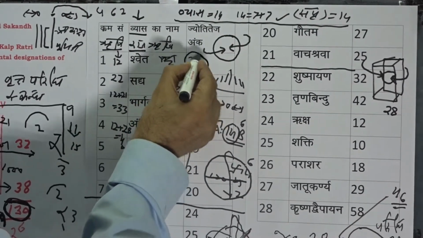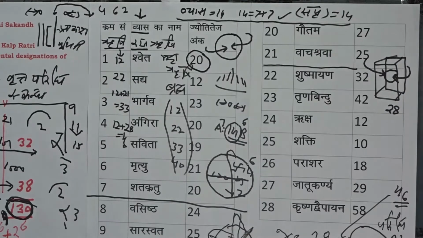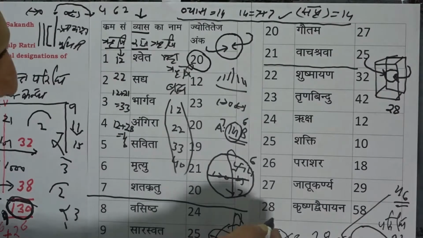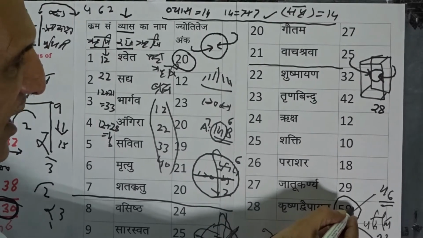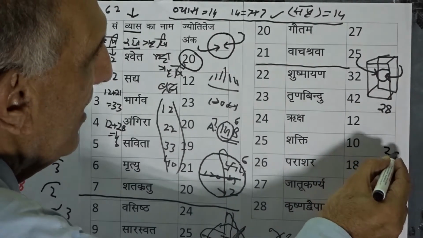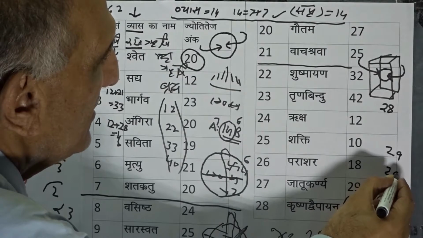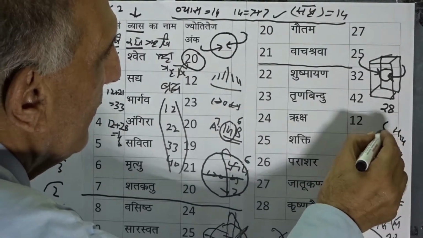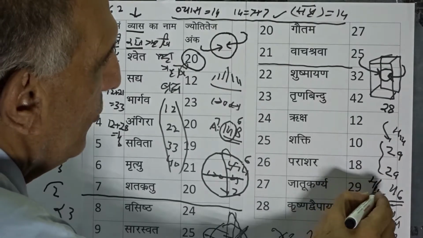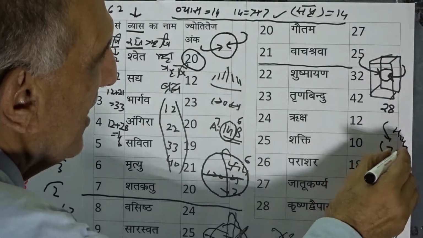Shvet is going to give us a TCV value 20, and last Krishna Dvaipayan is giving us value 58. 58 we know is 29 plus 29. So it is this interaction of hypercube 14, 20 versions, hypercube 14, 20 versions are synthesizing.